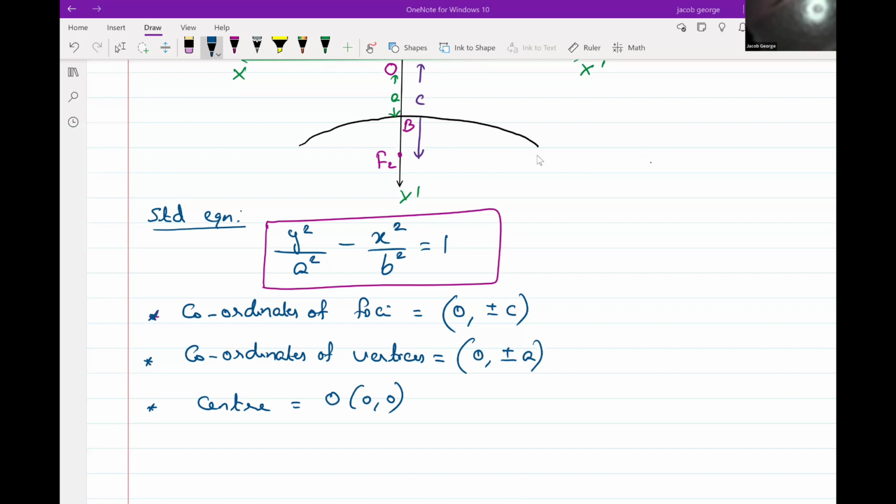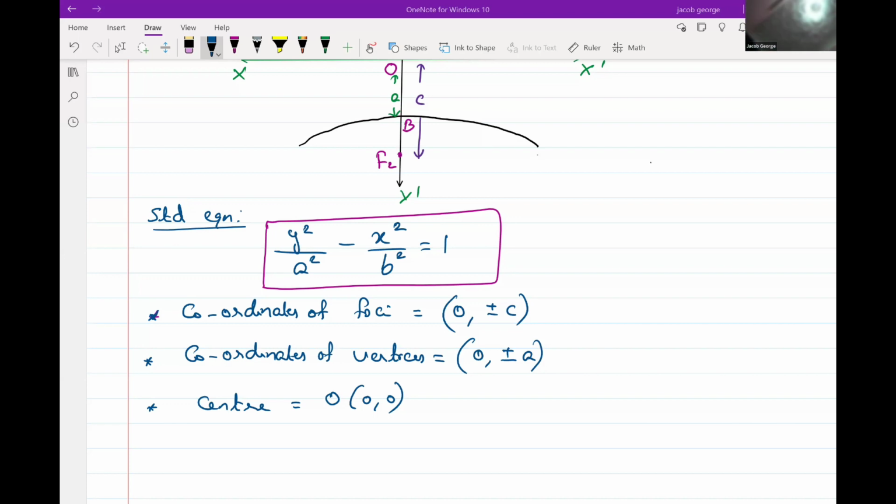So before we start the sums, one more special note is there. In some questions, A and B will be equal. We know always C is greater than A. C acts as the hypotenuse. But in case A and B are equal, it is called an equilateral hyperbola.